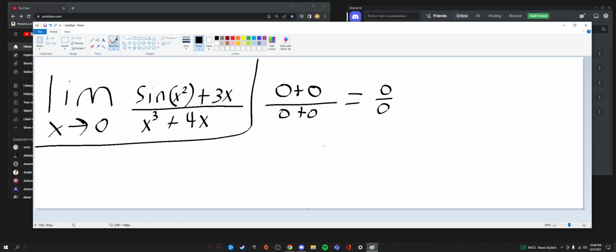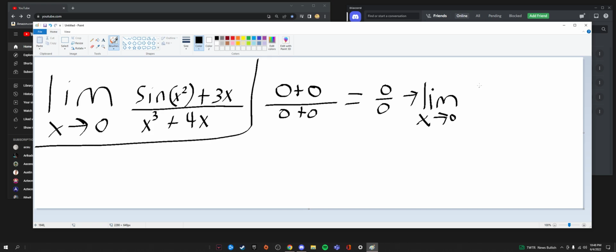First, I want to differentiate the top. Differentiating sine of x squared, we need the chain rule first, so I'll do it over here. We have our limit as x approaches 0, and I'll differentiate both. Sine of x squared is a function of a function, so we need the chain rule.